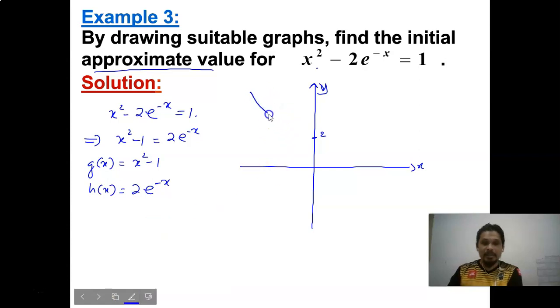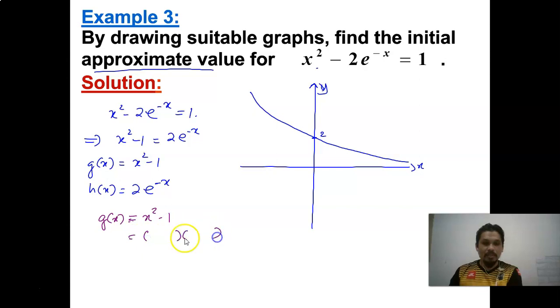Next one, the graph of x squared minus 1. g(x) equal to x squared minus 1, where we factorize this and come out with (x minus 1)(x plus 1), where x equal to plus minus 1, meaning here and here, negative 1 and 1.